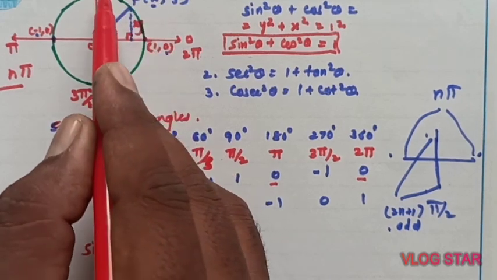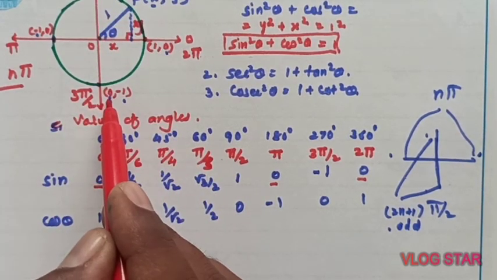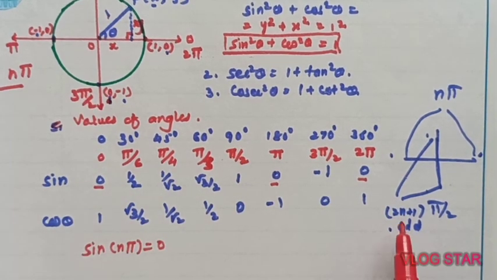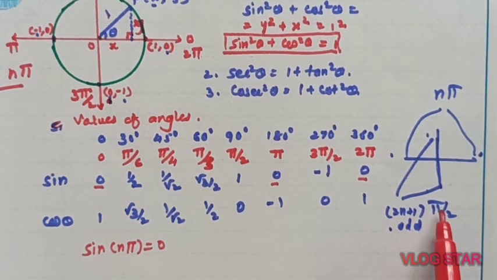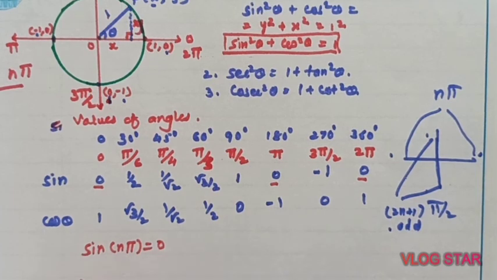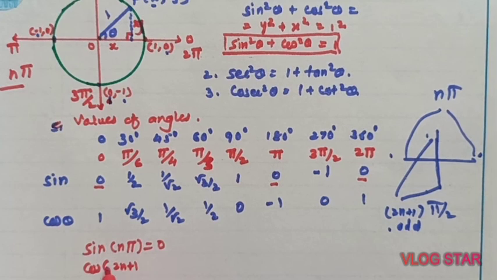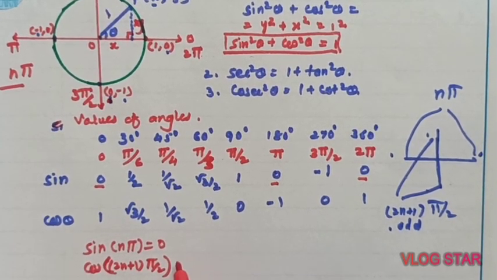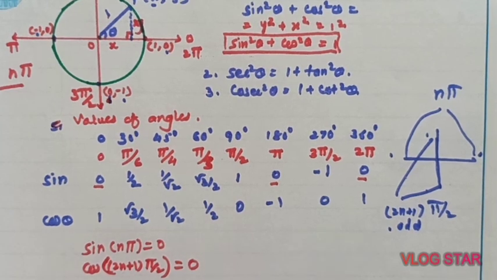Cos means x coordinate, so whenever the terminal arm is on the y-axis, which means whenever your angle is an odd multiple of pi by 2. So cos of 2n plus 1 times pi by 2 is 0. You can remember this as a short trick to remember the angles.